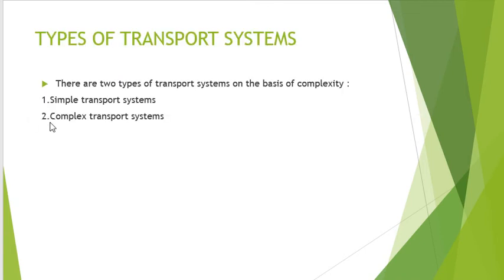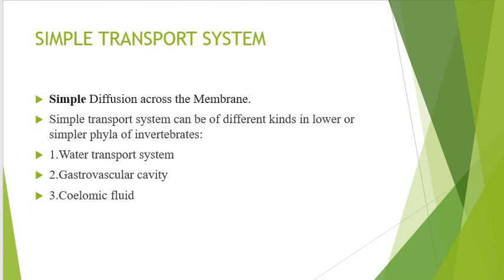There are two major types of transport system: simple transport system and complex transport system. Simple transportation includes simple diffusion of material across the membrane.